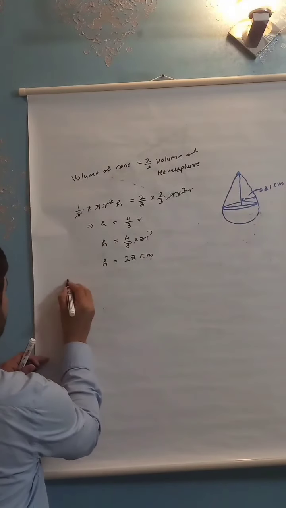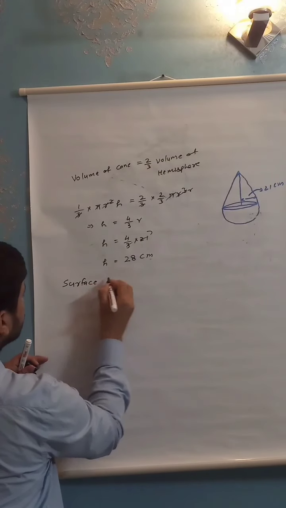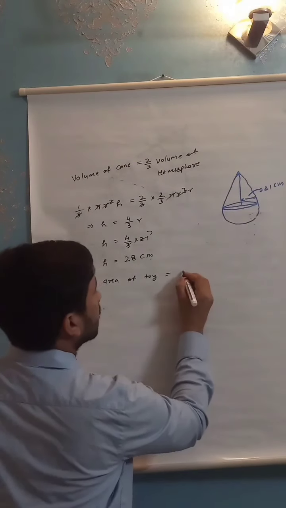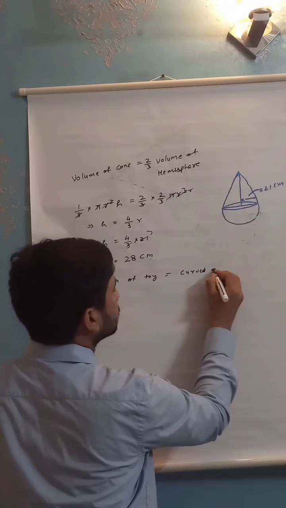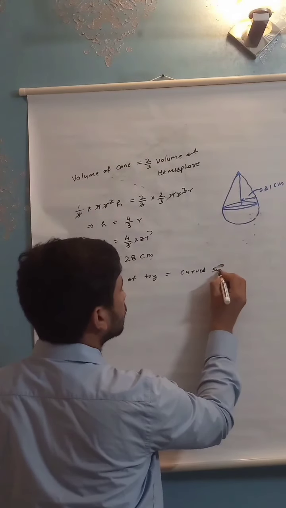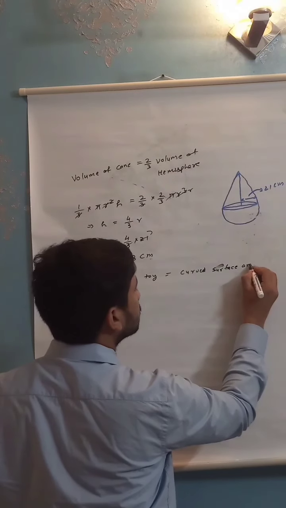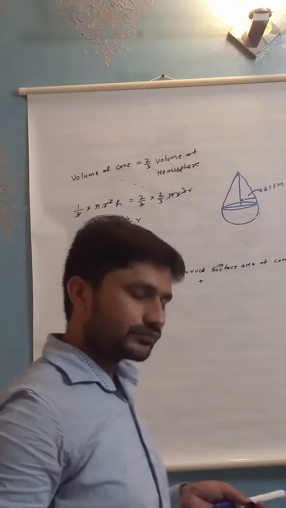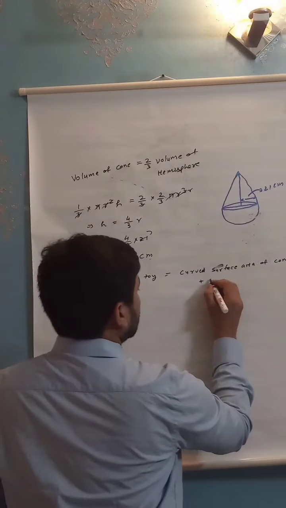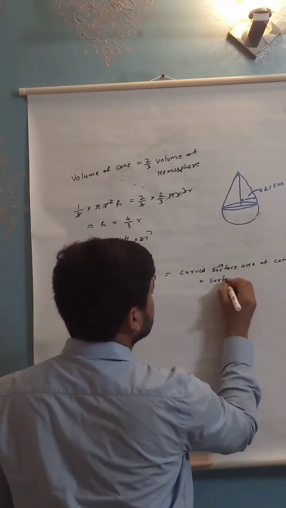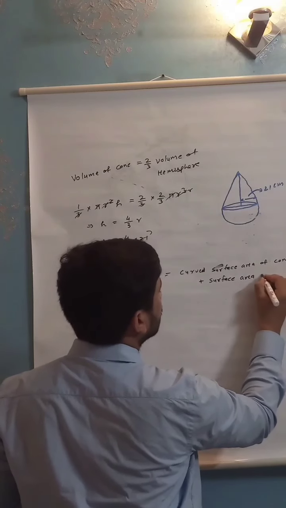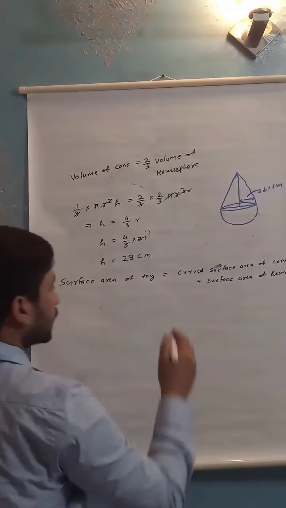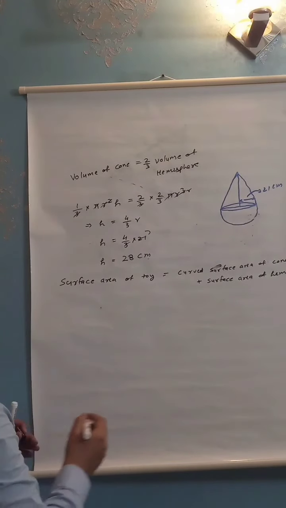Then surface area of toy equal to curved surface area of cone plus surface area of hemisphere. Now the curved surface area of cone, we have to calculate the curved surface area of cone.